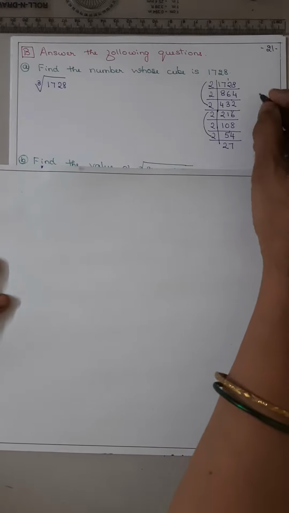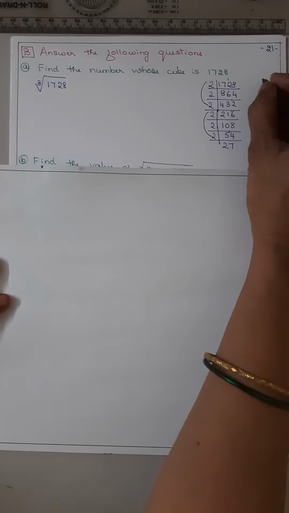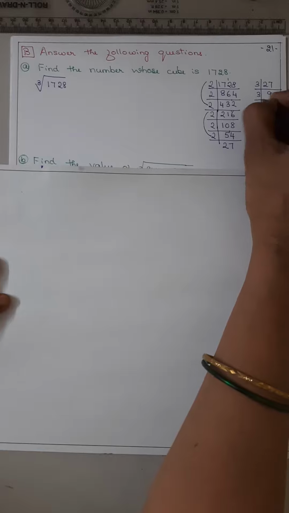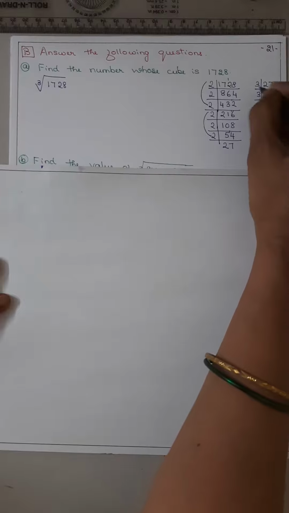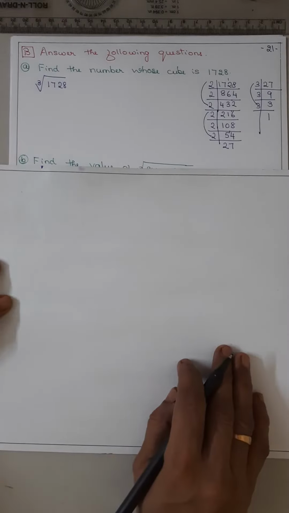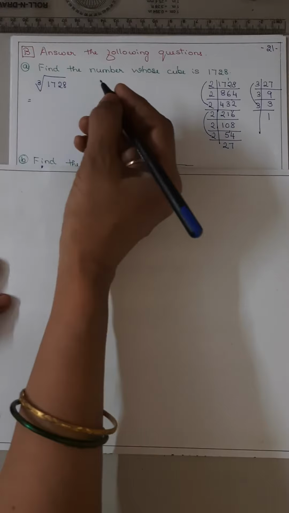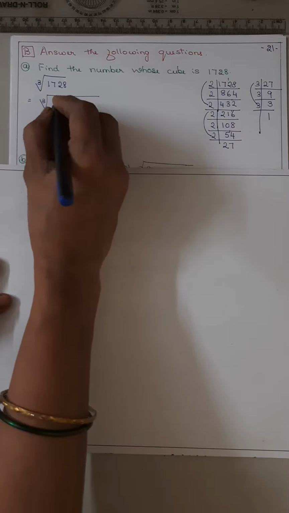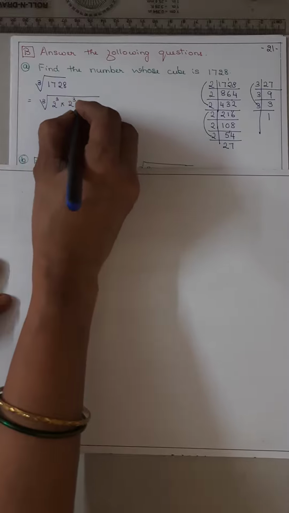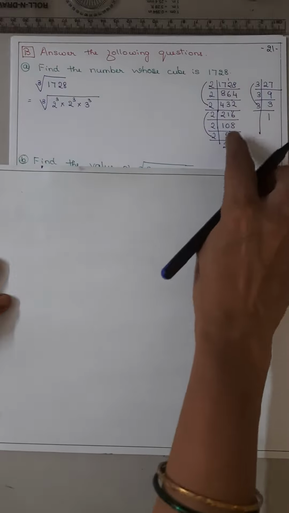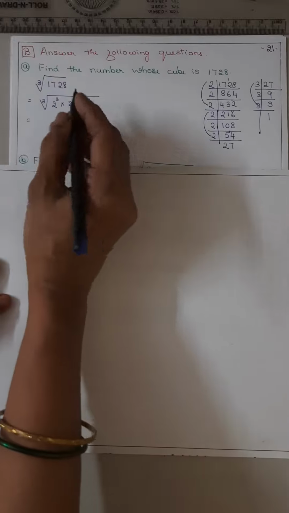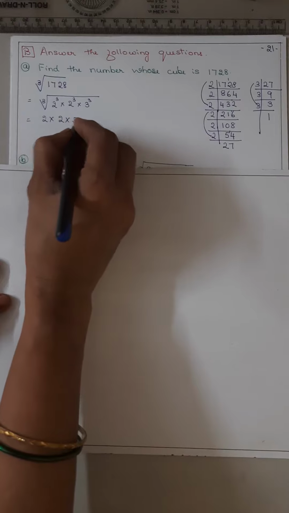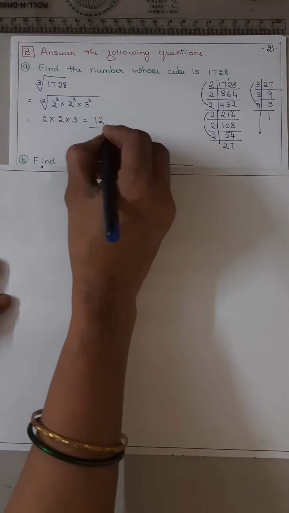Okay, take this to the next level. 27, 3 9s are, 3 3s are, 3 1s are. That means you will be writing cube root of 2 cube into 2 cube into 3 cube. Cancel cube root and cube. 2 into 2 into 3. 2 2s are 4, 4 3s are 12.